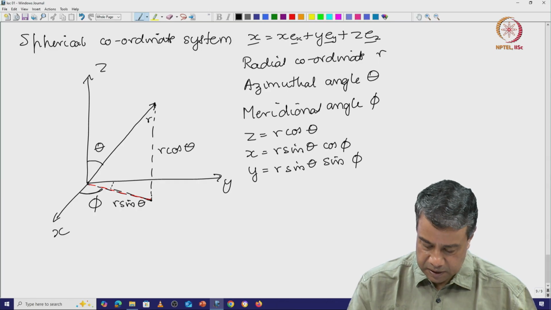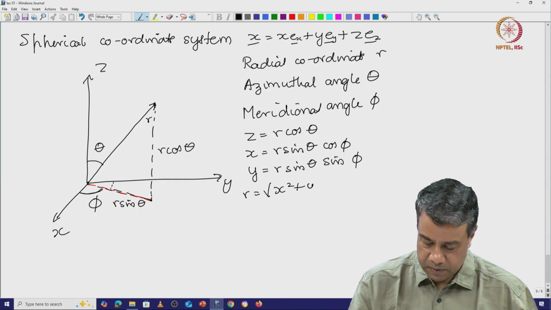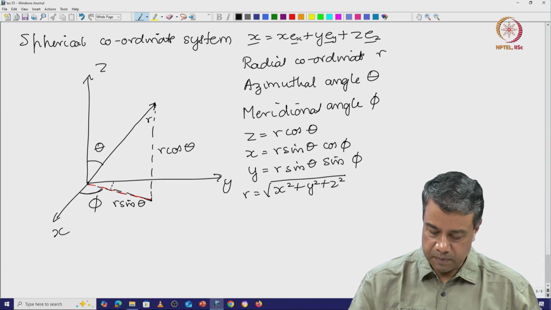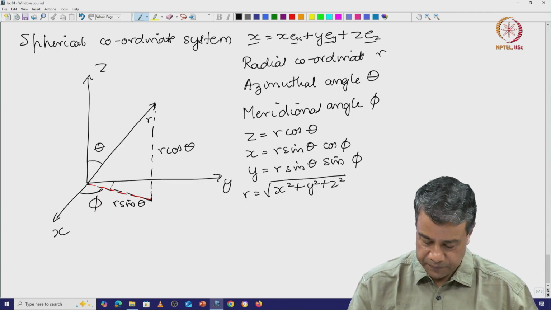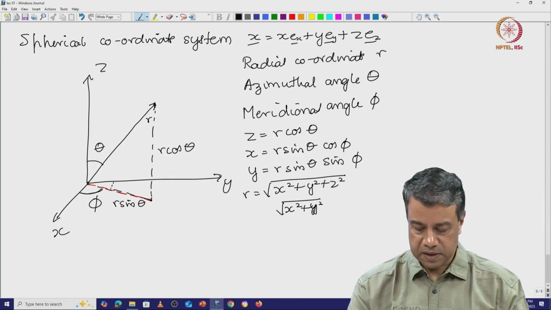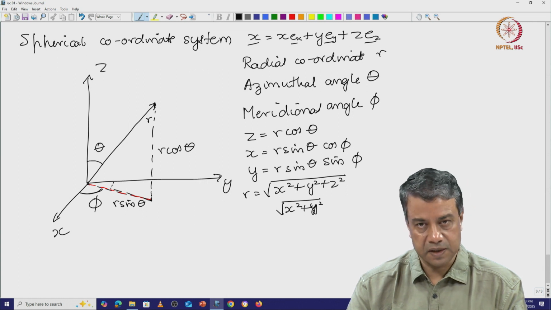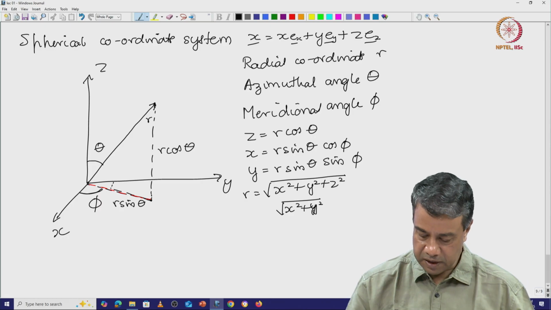In the reverse direction, r is equal to the square root of x square plus y square plus z square. Theta you can get by taking the square root of x square plus y square, which is r square sin square theta cos square phi plus r square sin square theta sin square phi, just r square sin square theta, divided by z.